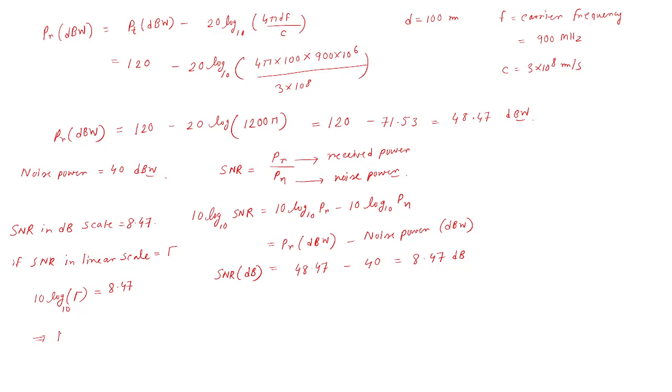From this you get capital gamma is 10 to the power 0.847. Let me calculate, it comes out to be 7.036, and this is the value of SNR in linear scale.